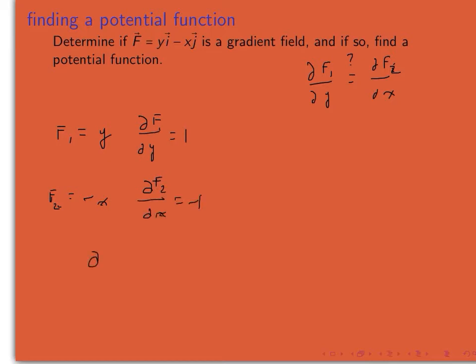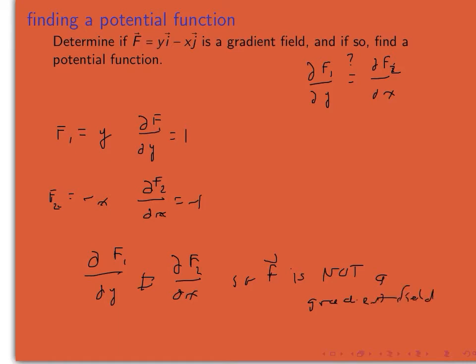Okay, so the partial of f1 with respect to y is not equal to the partial of f2 with respect to x, so f is not a gradient field. And since it's not a gradient field, it doesn't have a potential function, so I won't bother to try to look for one.